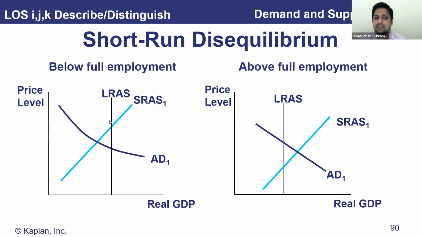How is that happening? We assume there are no new resources identified, no productivity improvement, nothing happening. How are you going above the long run full employment GDP? Because you are doing overtime.